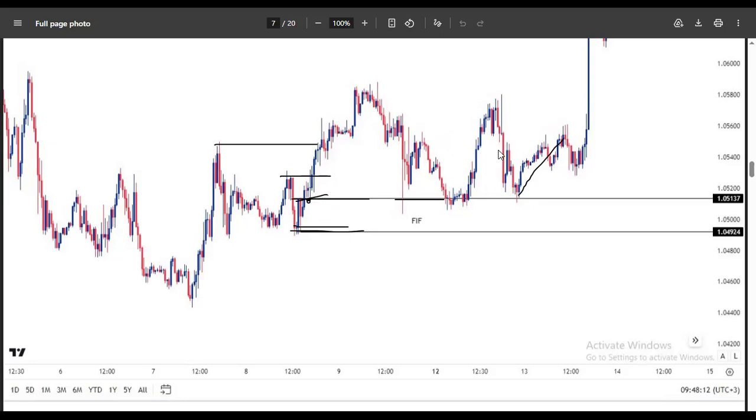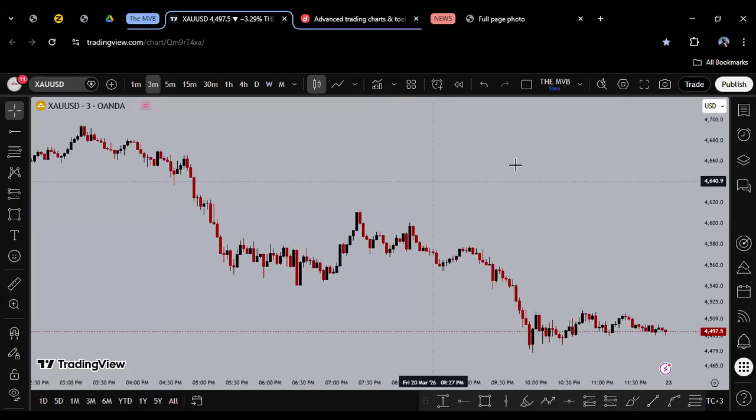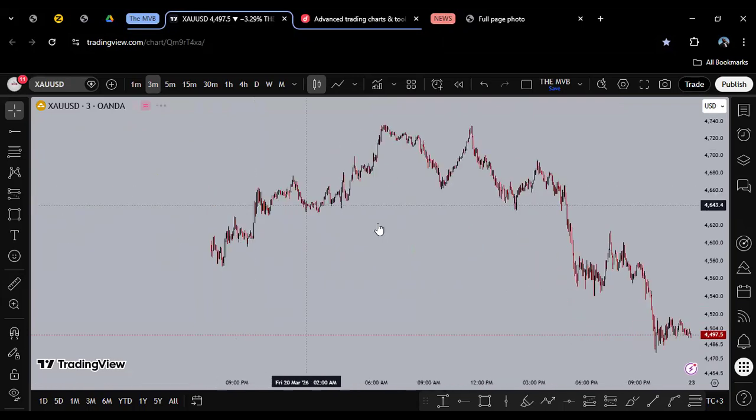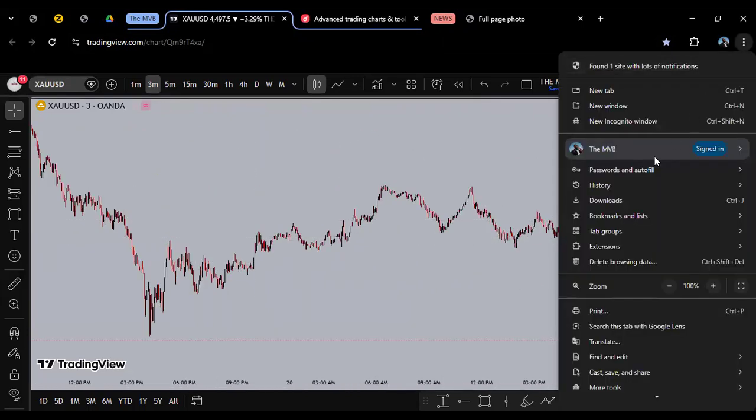So those are some few examples on formation. So I'll show you some few trades which I took this week using the formation entry model.